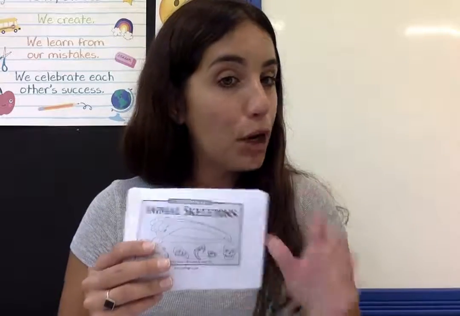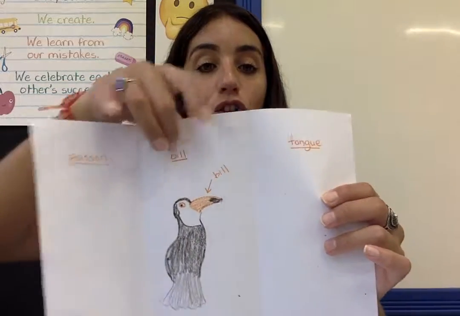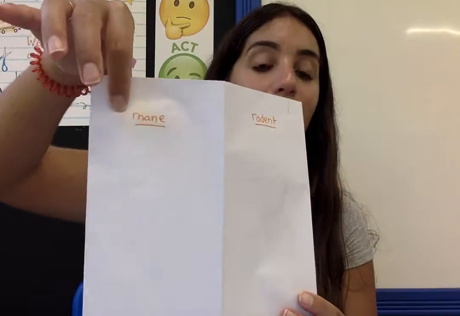Now, this book does not have a glossary with words to know. So we need to choose our own vocabulary words here. I want you to look through the book and I want you to pick out 5 words. 1, 2, 3, and on the other side, 4, 5.